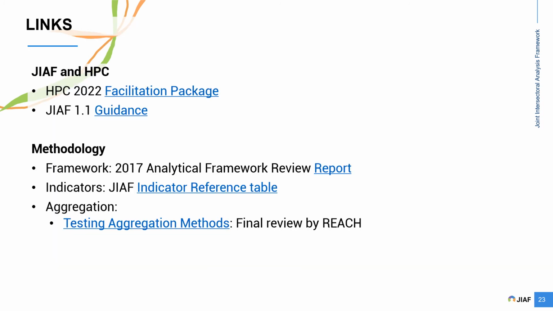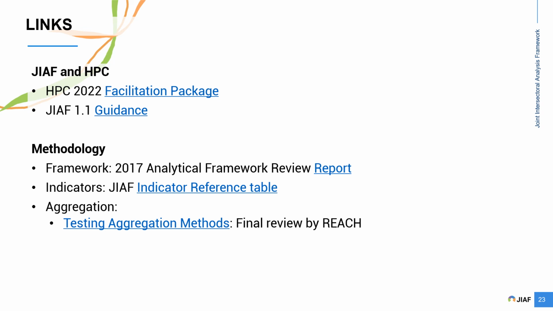Beyond the other sessions that are part of the JIAF 1.1 training plan, I would recommend looking at two sets of documents. The first one is the JIAF and HPC documents. In the PowerPoint version of this presentation, you will find the links that will take you to the HPC 2022 facilitation package, as well as the JIAF 1.1 guidance document.